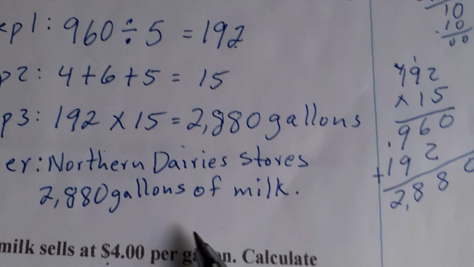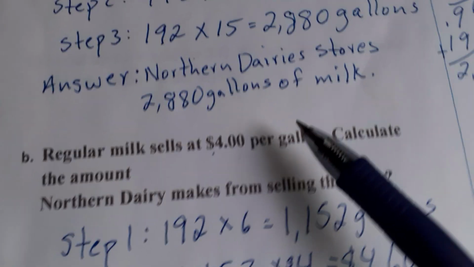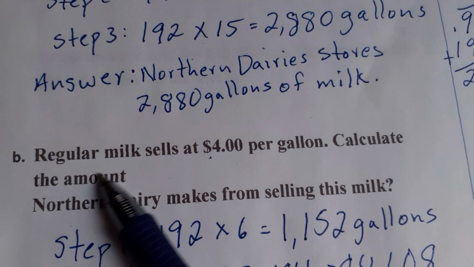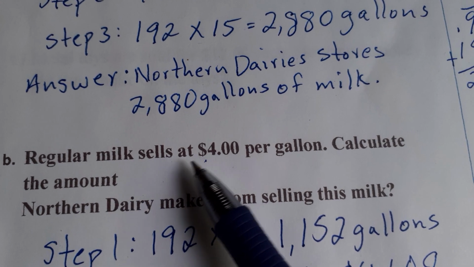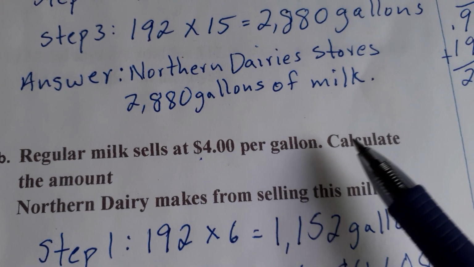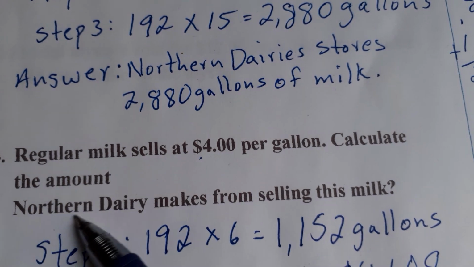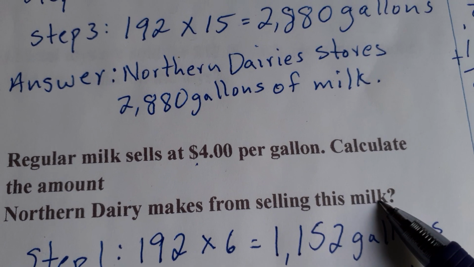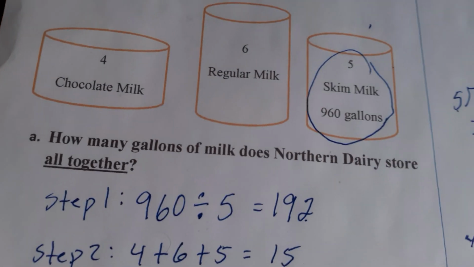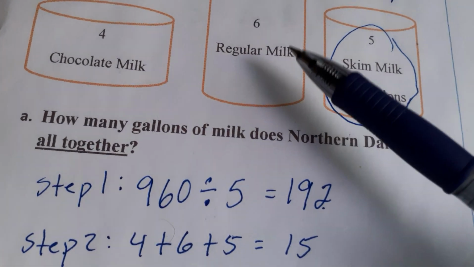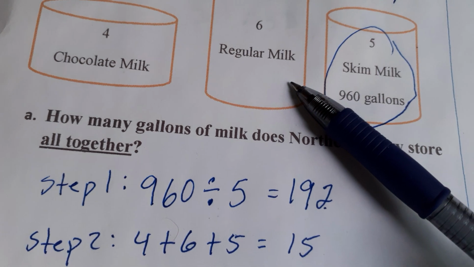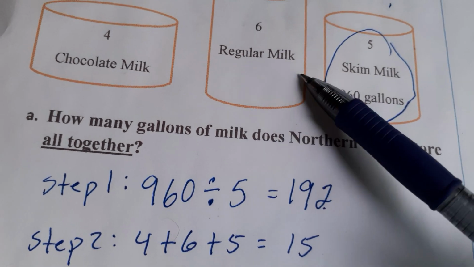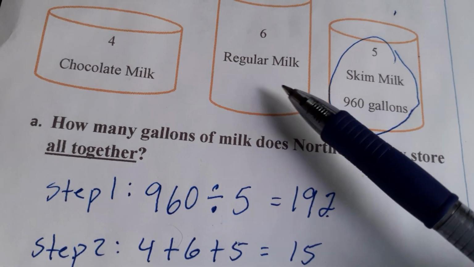The second question, question B, it says regular milk sells at $4 per gallon. Calculate the amount Northern Dairy makes from selling this milk. Now, if you notice on the ratio, we do not know how much regular milk there is. We don't know how many gallons of regular milk they store.